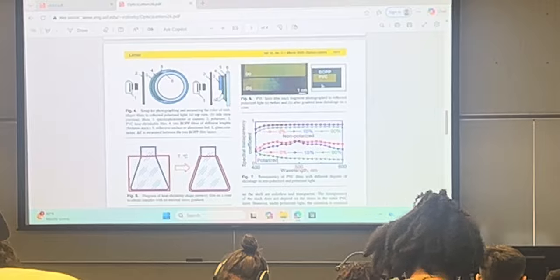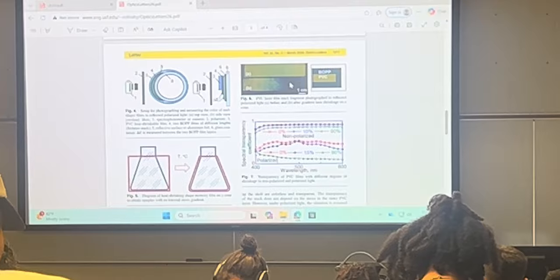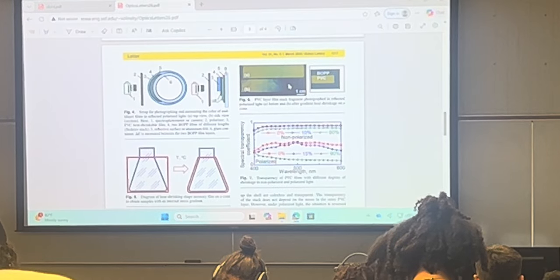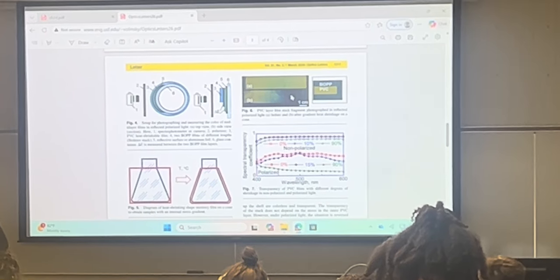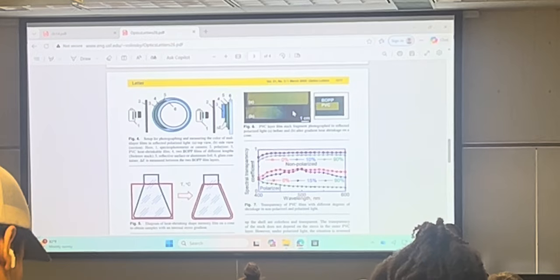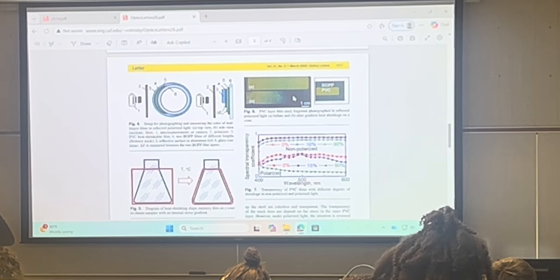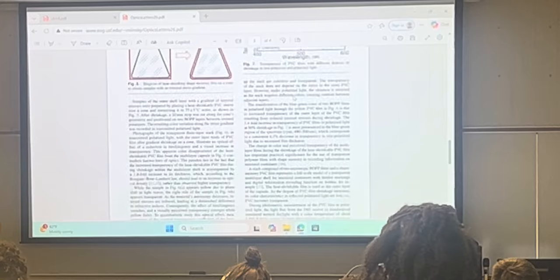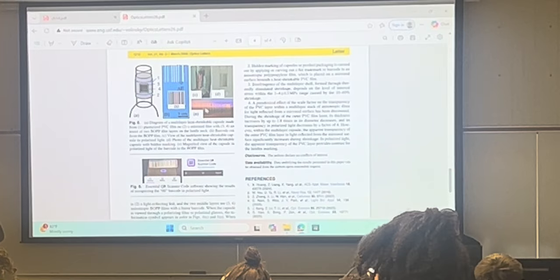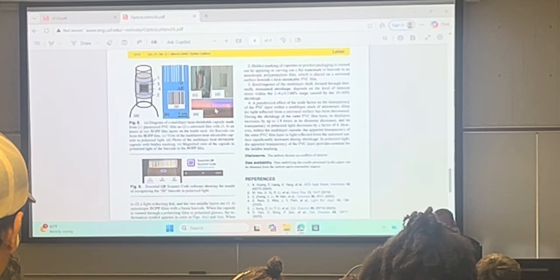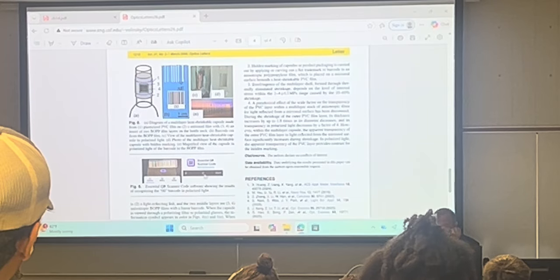This is the actual color. The idea is to make sure that you can check for authenticity. Like you buy something, is it fake or is it real? And as a result, using this technology, you can produce a barcode here that can be read by a barcode reader.